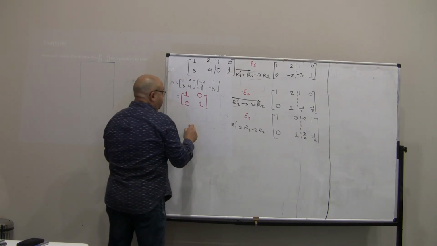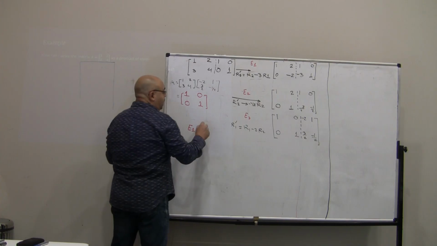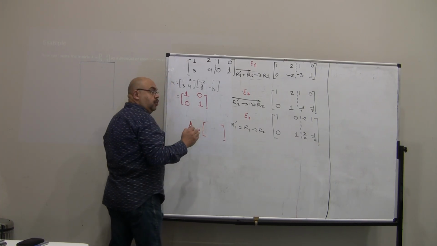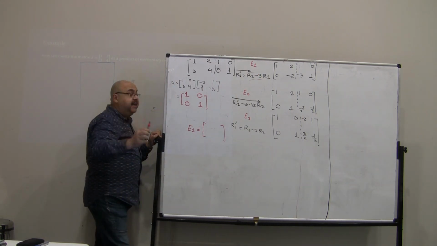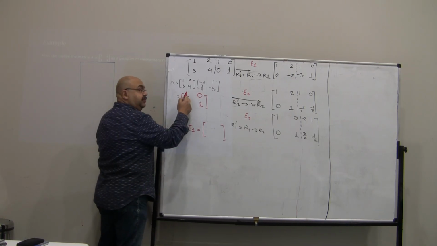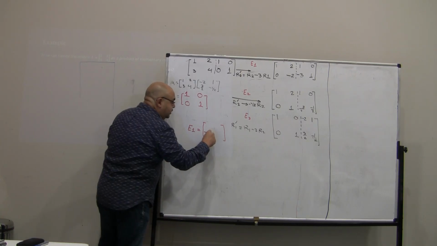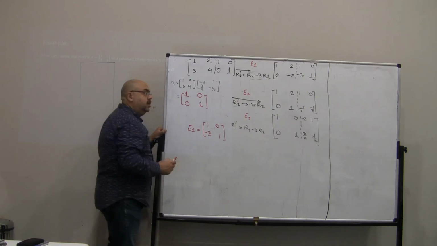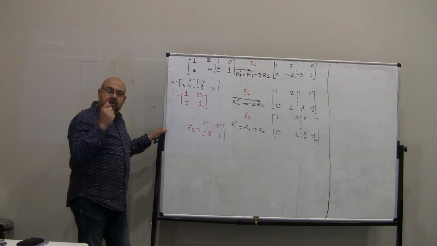So I'm going to write that's E1, which equals multiplying the first row of a unit matrix in negative 3, which is going to be negative 3 only, and then add it on the second row. So the new second row is going to be negative 3, 1, 1, and 0. That's E1, which is responsible about multiplying.